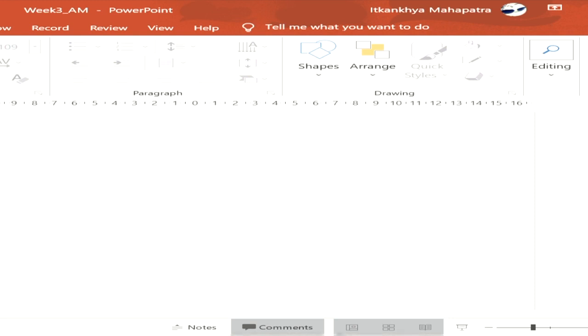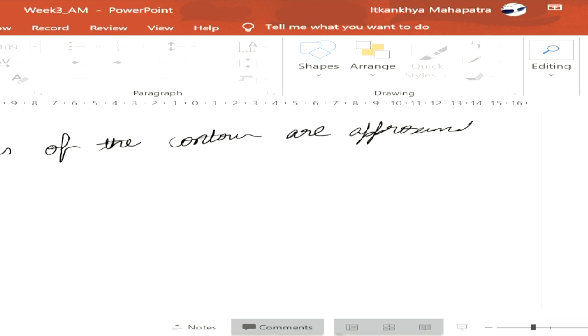Now this is very important. Boundaries of the contour in this zigzag path are approximated by linear edges.